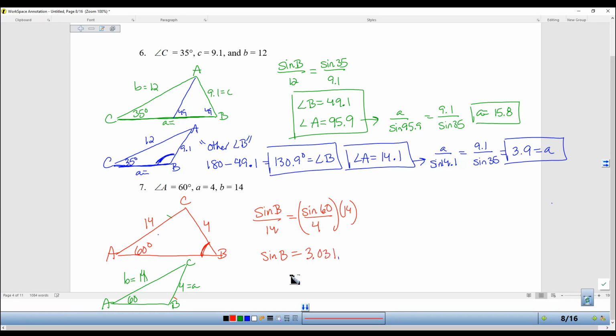Now, you may not notice anything wrong at this step, which is fine. You would do inverse sine of 3.031, and you would get an error.